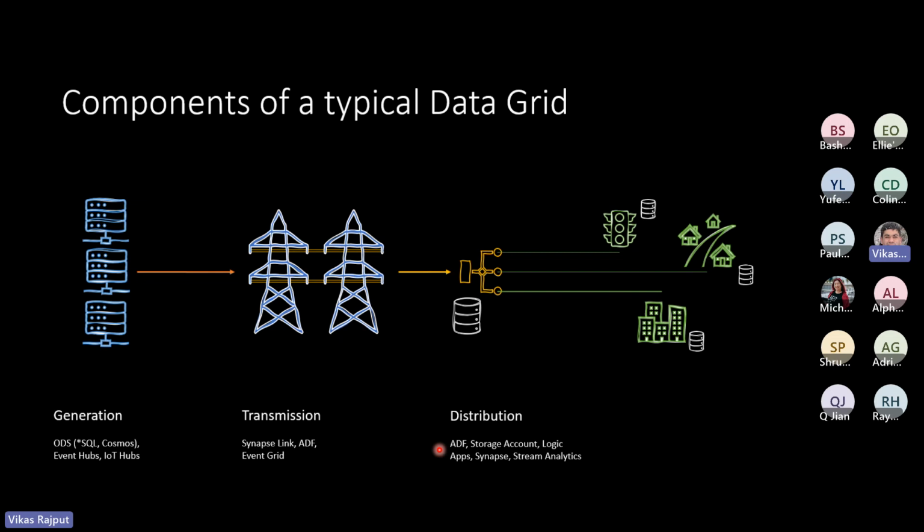Storage account is also an interesting service there because it can become an endpoint for transmission. I can receive data from 20 different data sources, and you will see that as a reference architecture, by the way. And I just want to put that all together in one place.